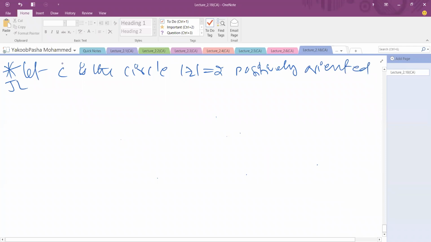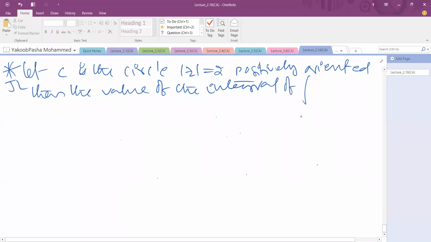Then the value of the integral over C of 5z minus 2 divided by z into z minus 1 dz is.